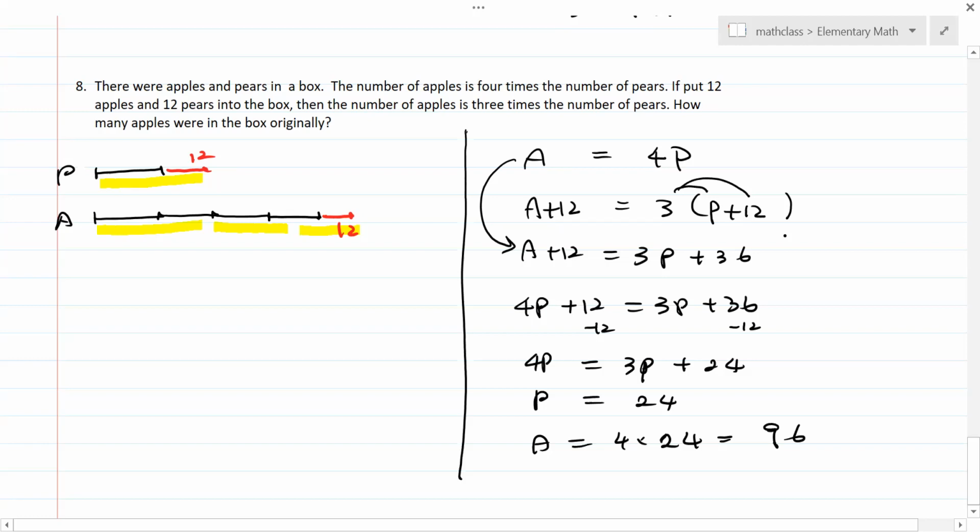Originally, apples are 4 times the number of pears, right? So it's 12. I think this problem is much easier using equations.